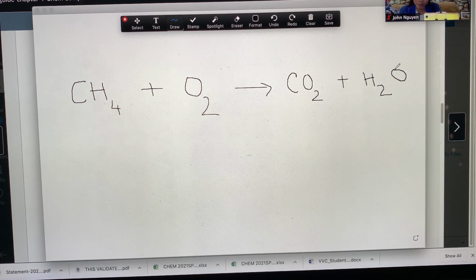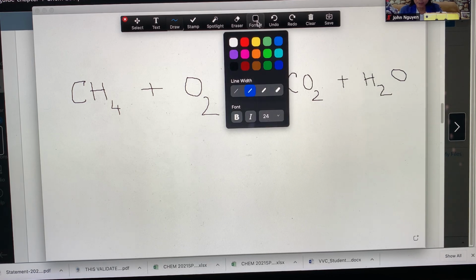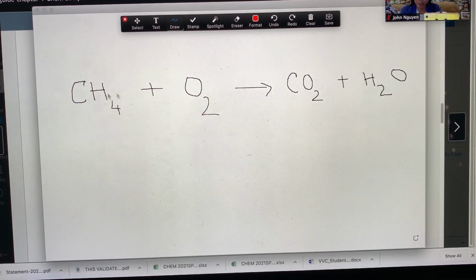You get CO2 and water. This is known as a hydrocarbon. Okay, cool. Now, to balance, it's very simple. So that's called a chemical equation. On this side is the reactant side, on the left. And then on this side is the product, okay?